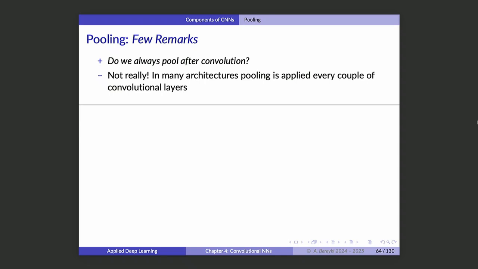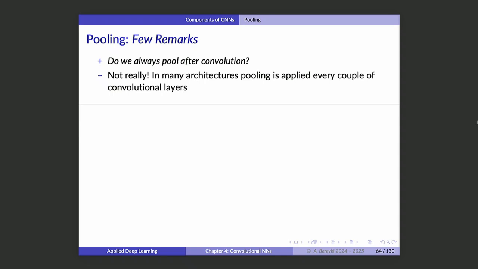Now, one question that you might have is that, do I need to do pooling after every single convolution? The answer is no. In most classical architectures, we don't do that. So we usually do convolution for multiple steps, and then we do one pooling.